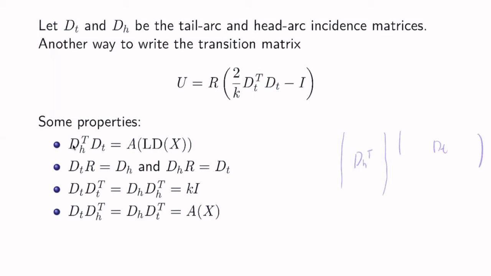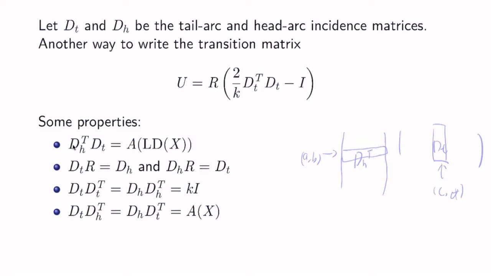Okay, and what are the entries of this matrix? Well, we're really looking at a row of this D_H transpose, let's say (a, b), and a column (c, d) of this D_T matrix, and seeing if they overlap with each other.